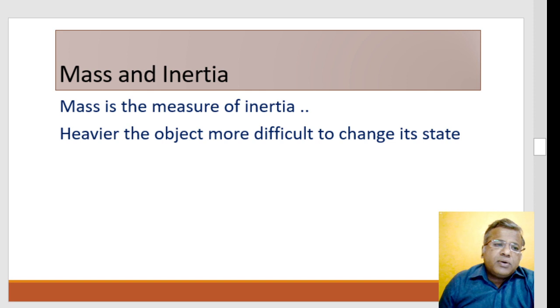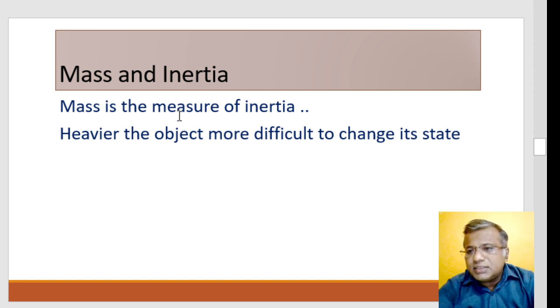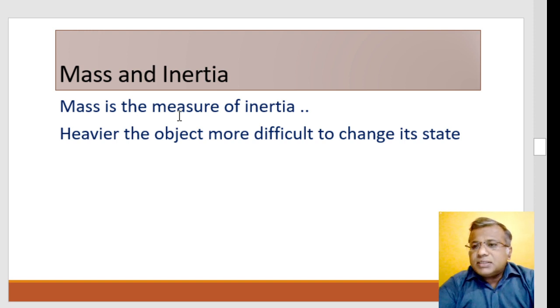Now inertia and mass are related to each other in the sense that mass is the measure of inertia. If I want to measure the inertia of an object, it is the mass which will tell us how much inertia. Basically inertia can be put in one more way: it's the resistance of the object to change its state of motion or of rest.